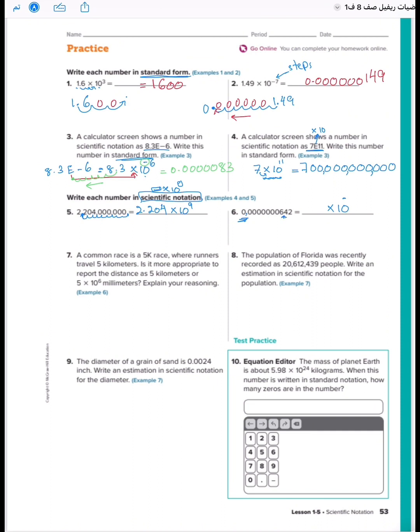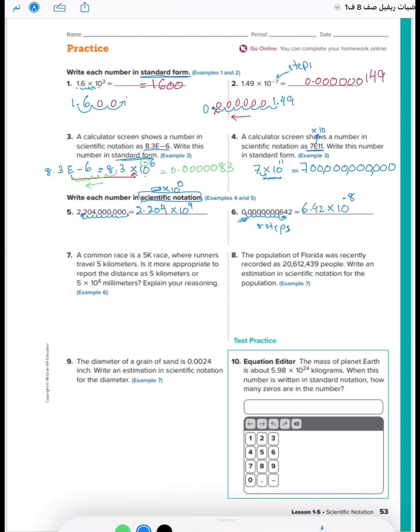Let's see how many steps. 1, 2, 3, 4, 5, 6, 7, and 8. 8 steps. So write 8. Then put the same number, 6.42.